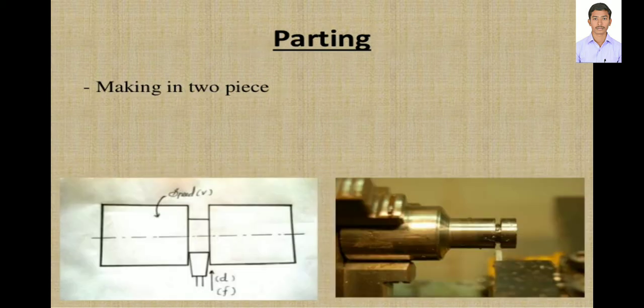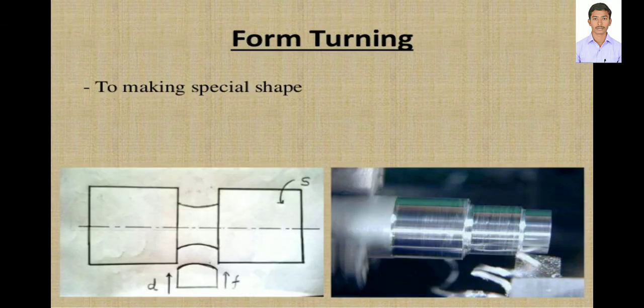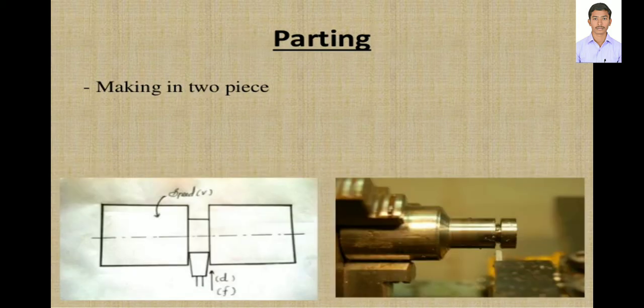And parting. Parting means one straight groove. What is the difference between form turning and parting? Form turning has a fillet shape on the workpiece, while parting has a groove in the workpiece. That is the difference.